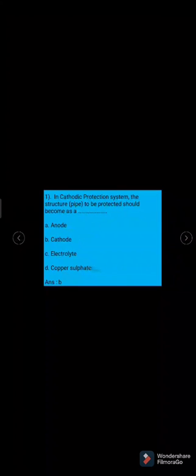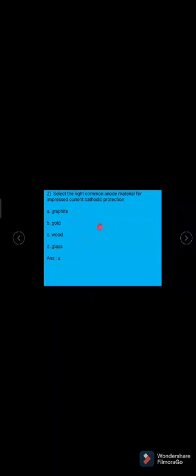So the answer is B. Select the right common anode material for impressed current cathodic protection: graphite, gold, wood, glass. Just now we discussed this: it is graphite. Graphite is a source of producing the electrons.